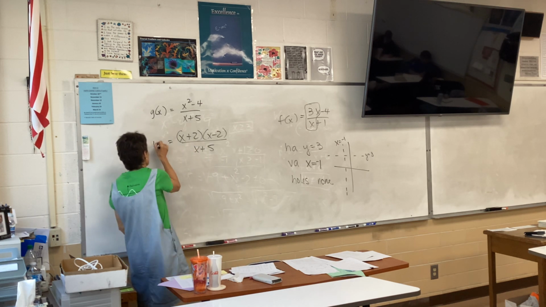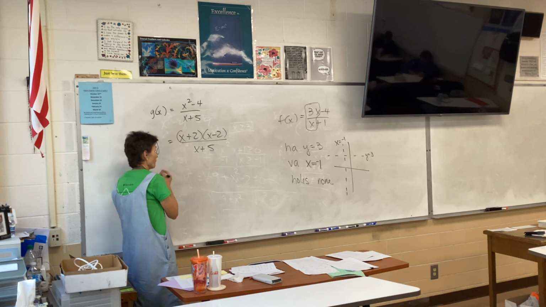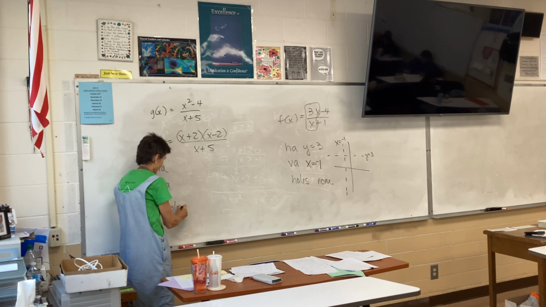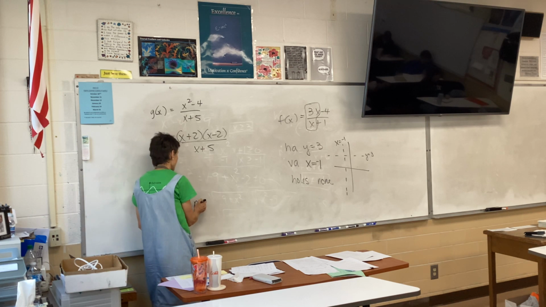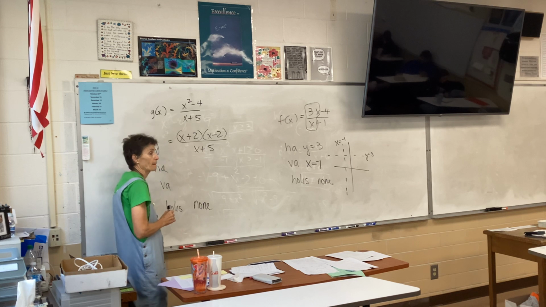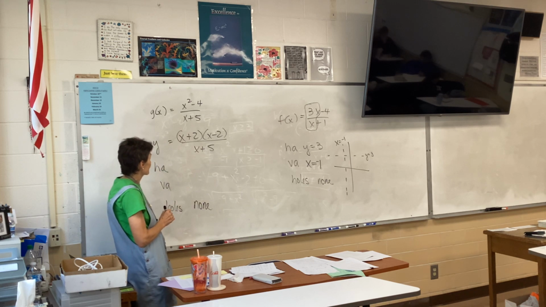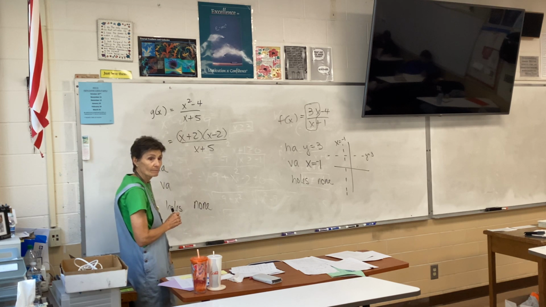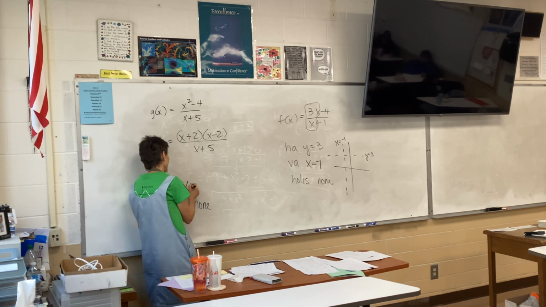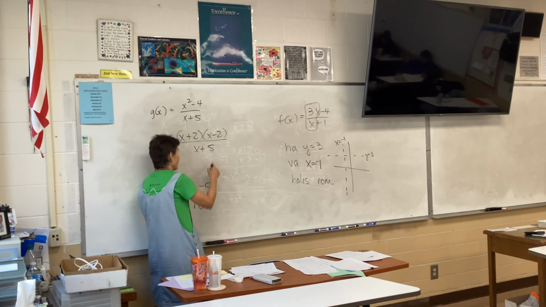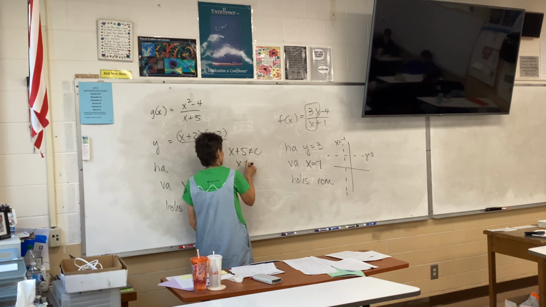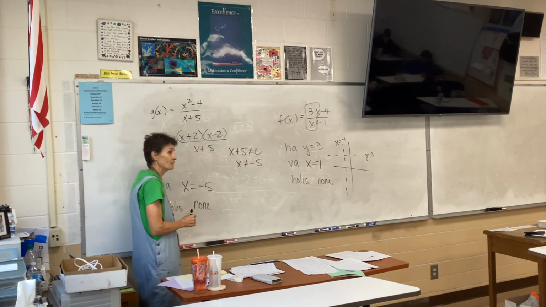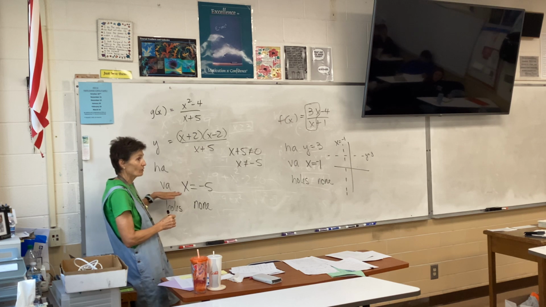All right. Tell me what you know about any of it. The vertical is x equals negative 5, because x plus 5 can't be 0, so x can't be negative 5. And cannot be's are vertical asymptotes.